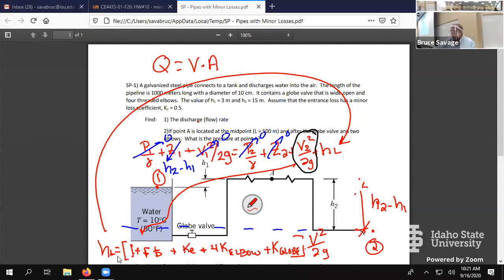Yes, h12 being H2 minus H1. Your head loss across your system does go to h12 when you solve your energy equation. So h12 equals that whole equation, solve for the velocity, but you still don't know the friction factor. So you still have to iterate to find the friction factor.